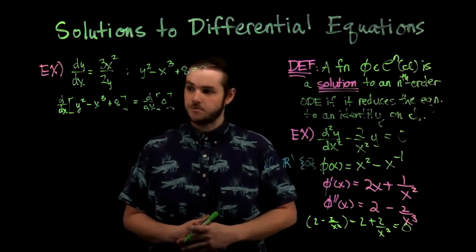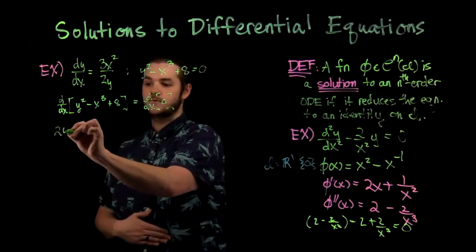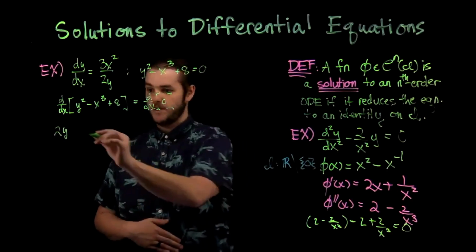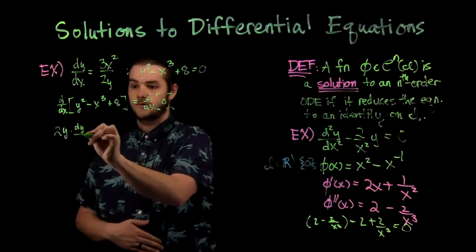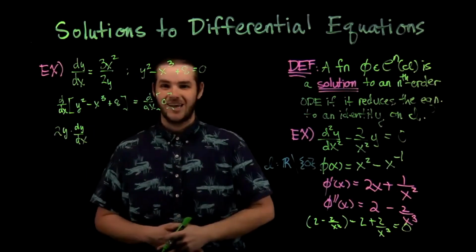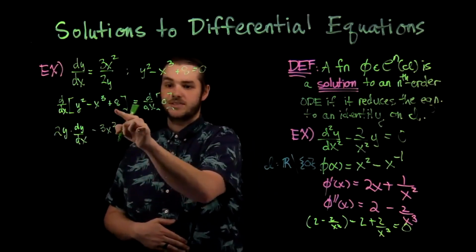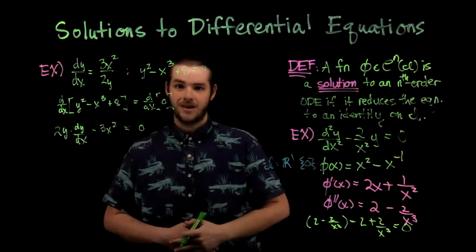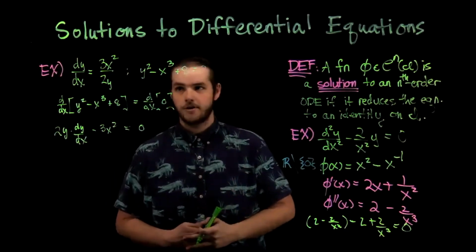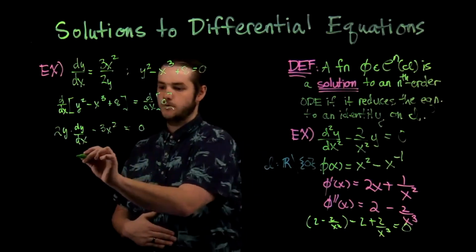Remember, the chain rule tells me I would take the derivative normally, and then multiply by the derivative of y with respect to x, everything else will follow normally. I get 2y dy dx minus 3x squared plus 0 equals 0, and now I can quickly solve for dy dx.